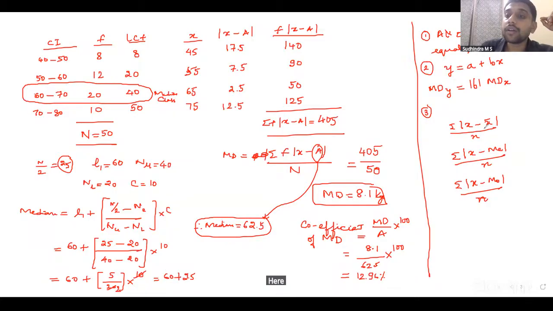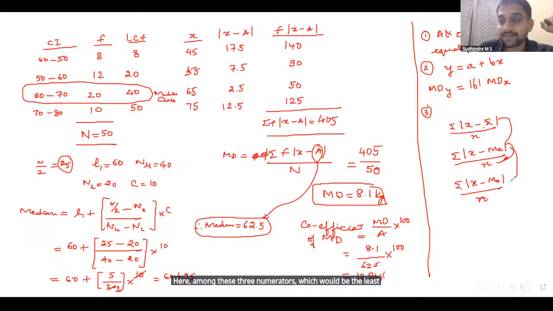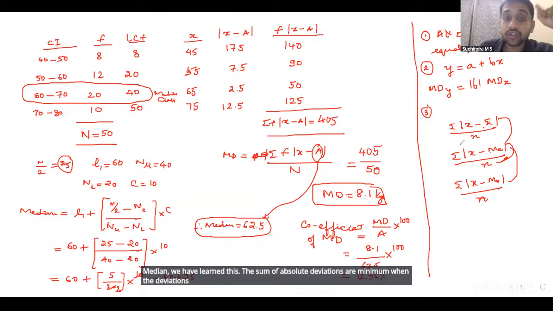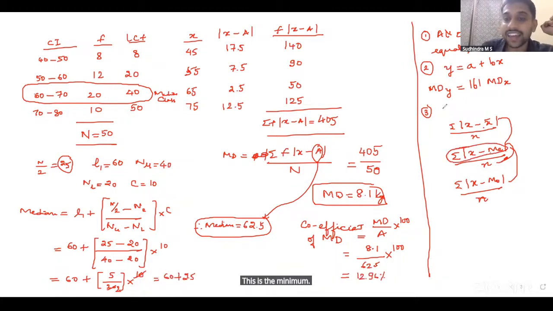Among these three numerators, which would be the least? Median. We have learned this: the sum of absolute deviations is minimum when the deviations are taken from median. So can I say mean deviation is minimum when deviations are taken from median?